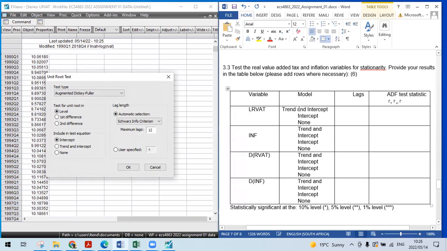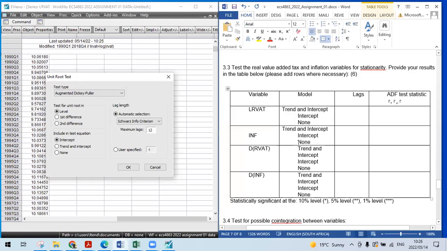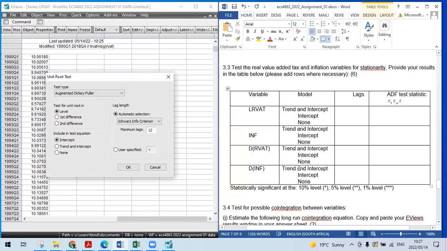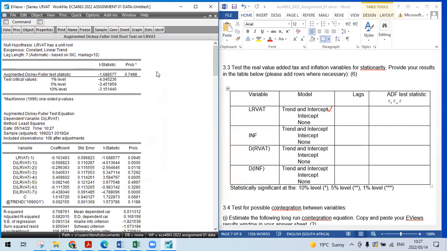I want to have trend and intercept in one line, like this. Let me also save it. Okay, I want to start with trend and intercept, so I click here on trend and intercept. We are still testing in level. Click OK.